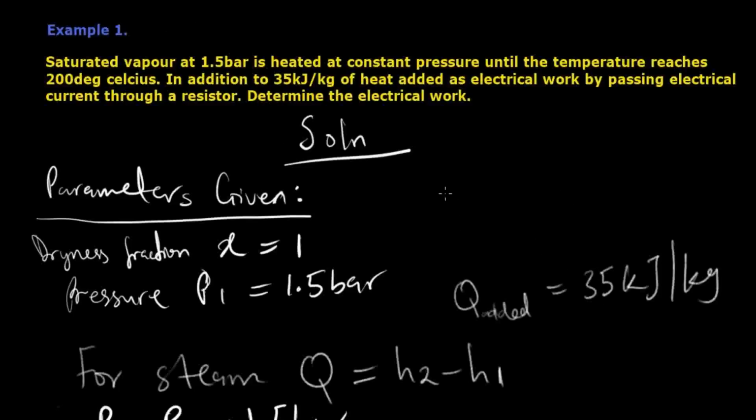So we can write it here: T2 is 200 degrees C.